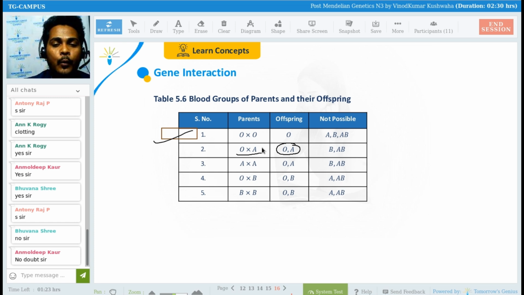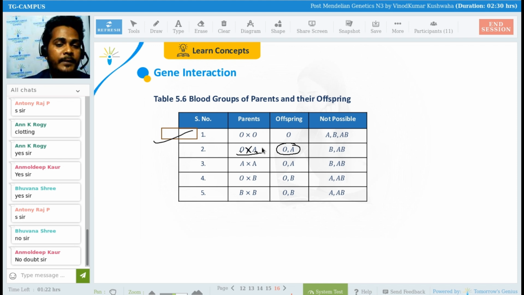Just consider A is the father and O is the mother. This A and O is the blood group of the parents. When these blood groups are crossed, their offspring will always have blood group A. Clear?